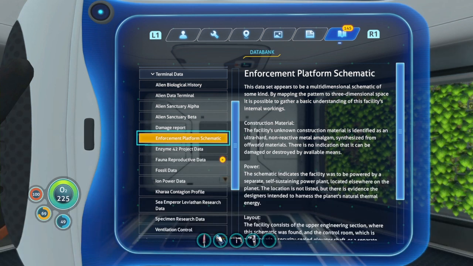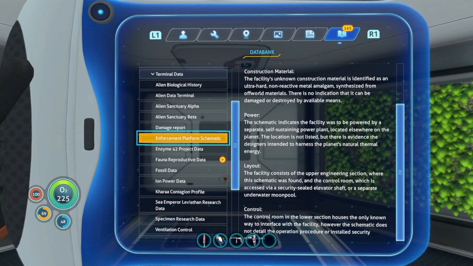Power. The schematic indicates the facility was to be empowered by a separate, self-sustaining power plant located elsewhere on the planet. The location is not listed, but there is evidence the designers intended to harness the planet's natural thermal energy. Layout.